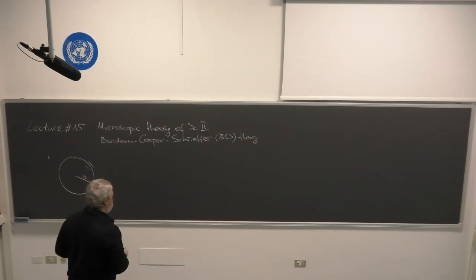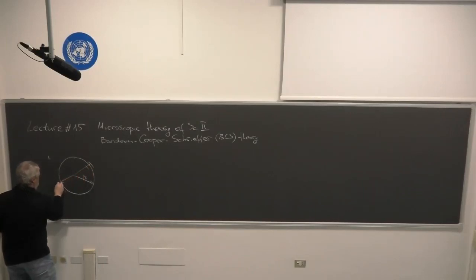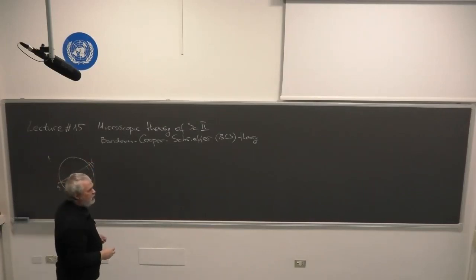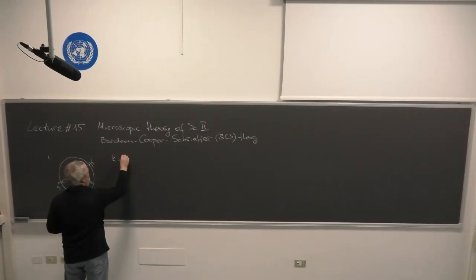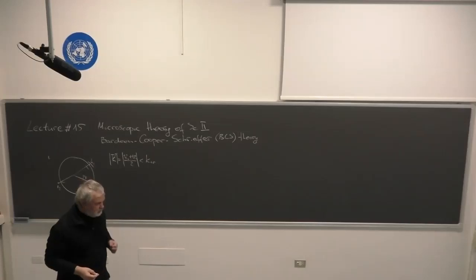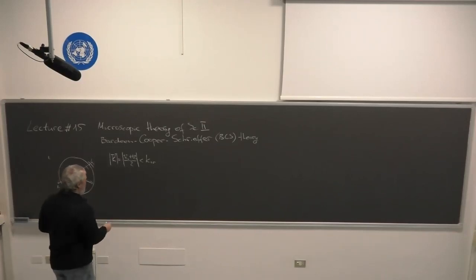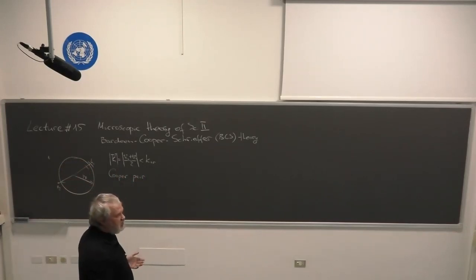We found that as long as we consider the center of momentum of the Cooper pair, which is |K1 plus K2|/2, smaller compared to k critical, we see that two electrons form a Cooper pair because of the attractive interaction mediated by the electron-phonon interaction.